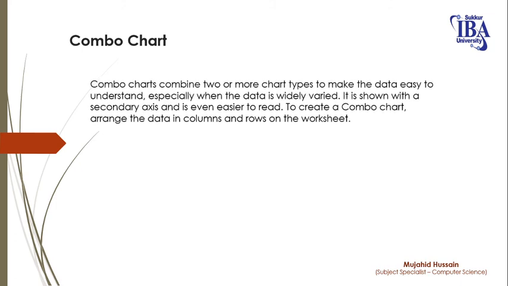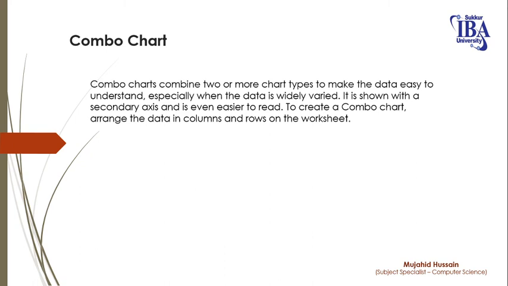Combo charts combine two or more chart types to make the data easy to understand, especially when the data is widely varied. It is shown with a secondary axis and is easy to read.